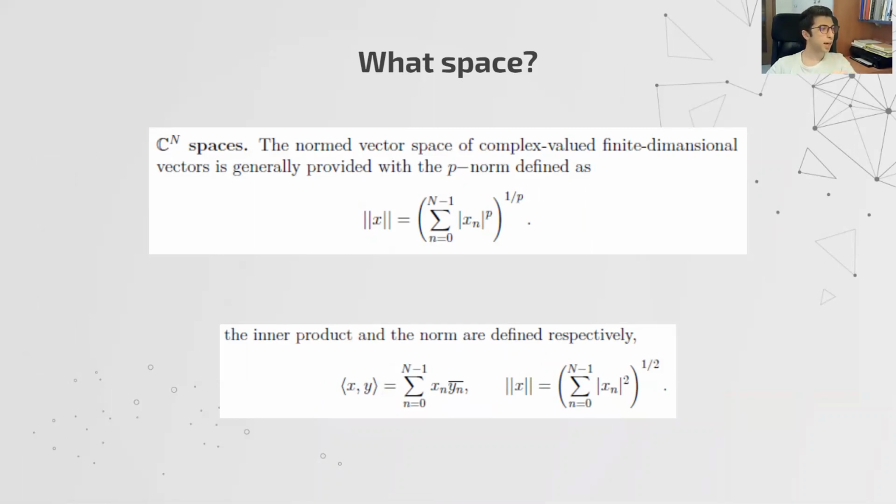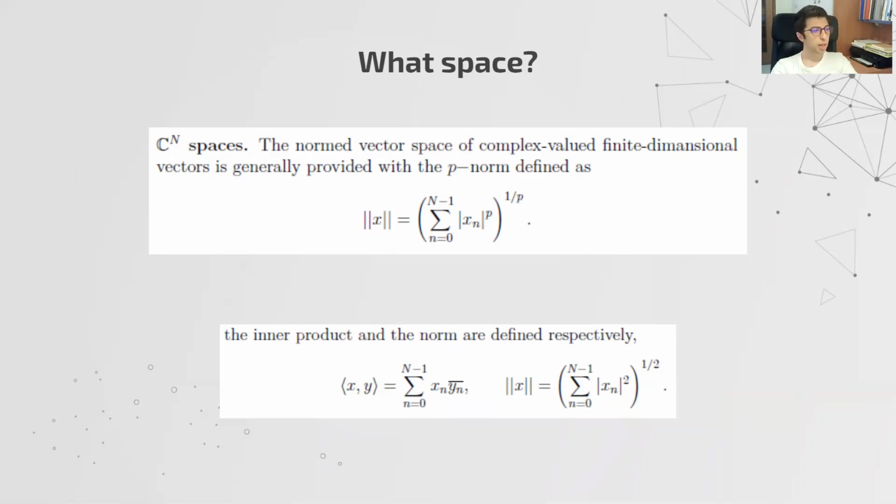So what is a C^n space, where n is a natural number? For example, 10. In this case, we have a vector space of complex valued finite dimensional space. So what is the norm in this space? It is the one that we can read in the slide.